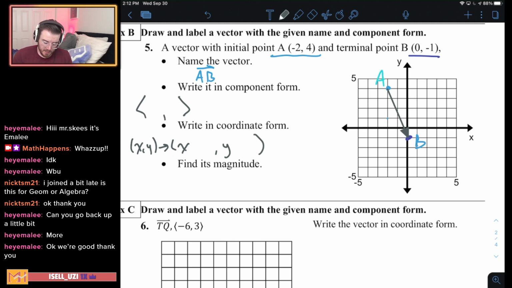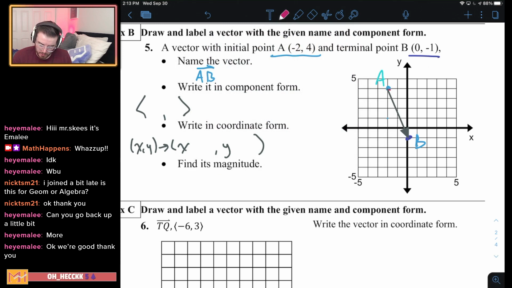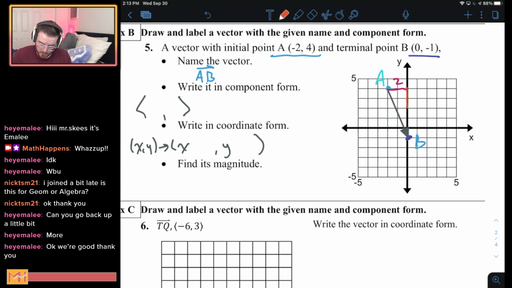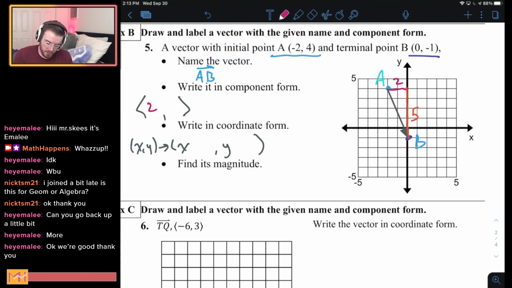The component form is this guy. So what do we do? Again, look at our directions. We went right 2 and down 1, 2, 3, 4, 5, and down 5. So I can immediately jump to my component form of (2, -5).